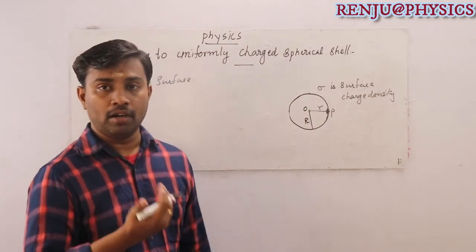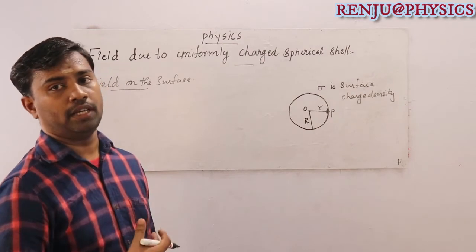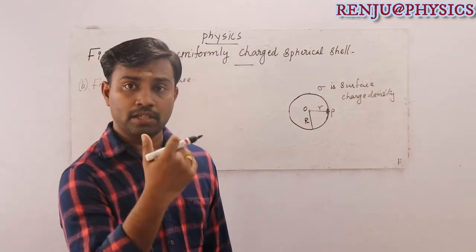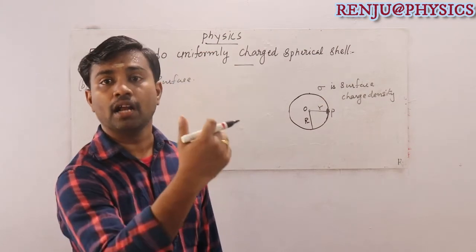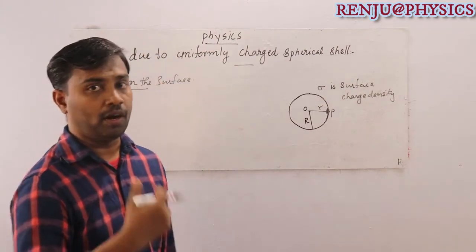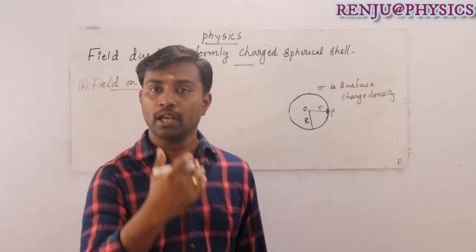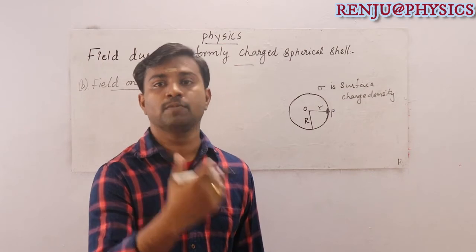Okay, so we already derived an equation for finding the electric field at a point P at a distance r from a spherical shell. We already derived an equation for finding the electric field at a point P outside the spherical shell.